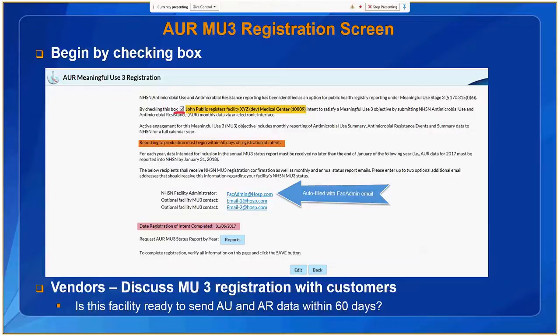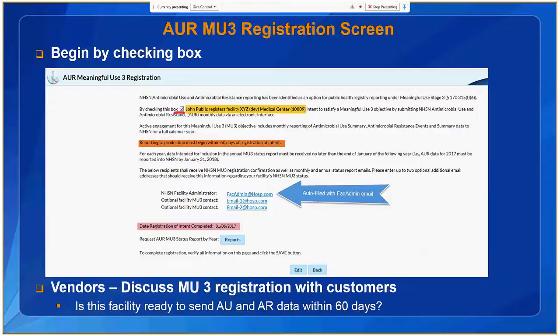Then you'll see highlighted in pink, it has date registration of intent completed. Of course, this is a mock-up form, but we'll say they signed up at the beginning of next year. Then it has a reports button, and we'll talk more about that later. And actually it does have a save button on the real application. So I just wanted to point this out.